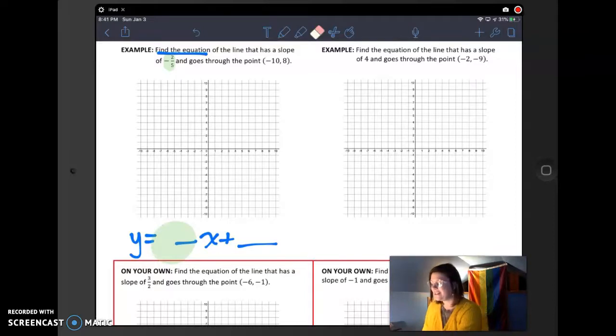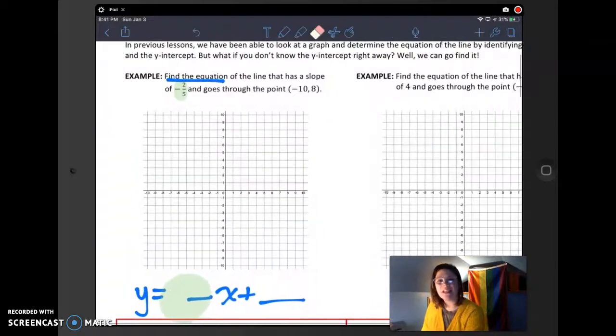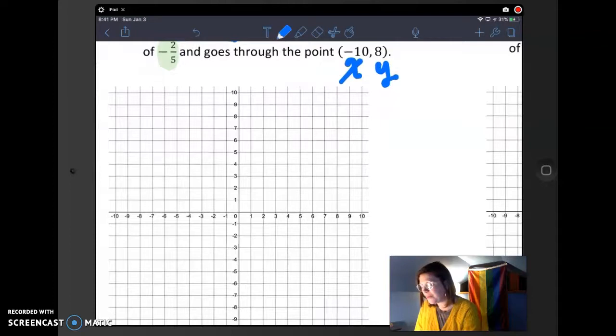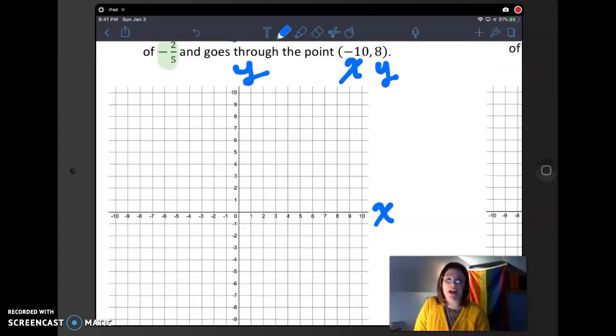All right. So the point (-10, 8). Remember, the first part of the point is the x, and the second part of the point is the y. And so remember, the x-axis of any graph goes left to right, and the y-axis of any graph goes up and down.